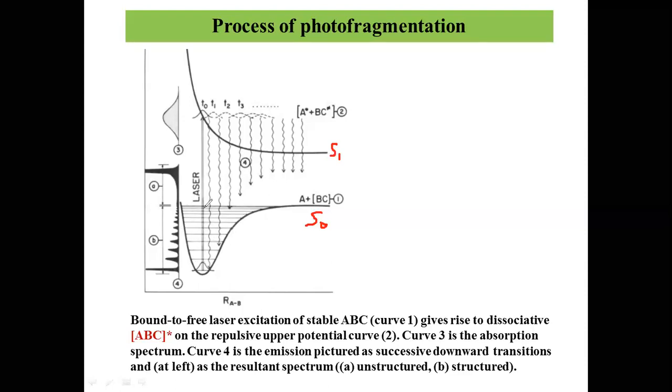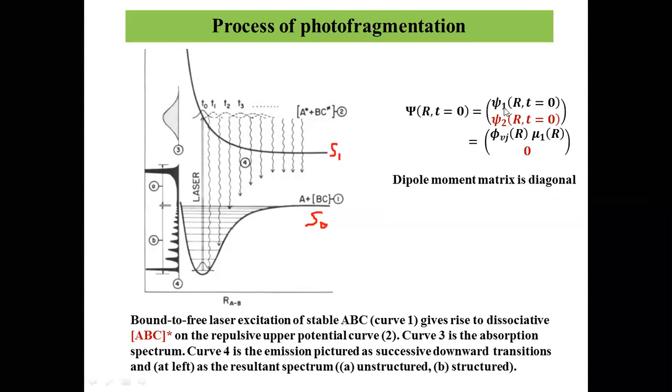Of course, here I would like to mention a little bit about how we take the wave function at t equals to 0, that we have not mentioned. So that is basically like this. We have 2 states at t equals to 0, psi 1 and psi 2. This is psi 1, this is psi 2.